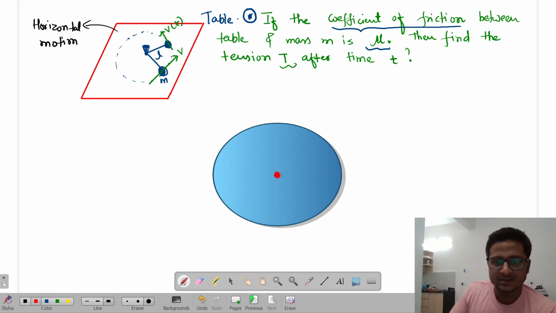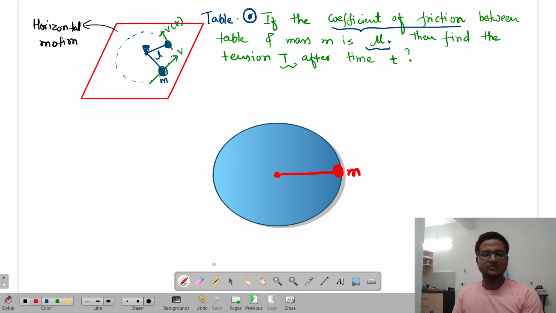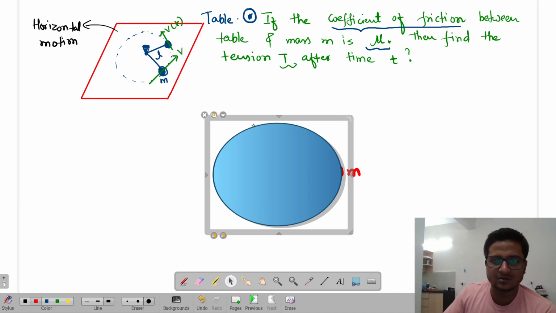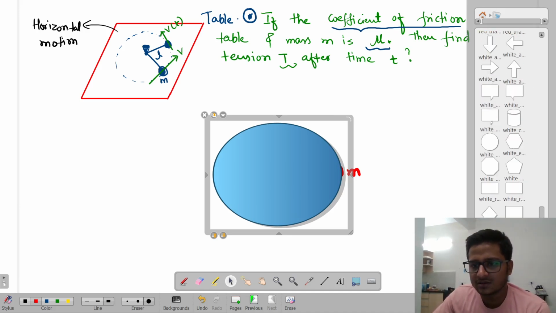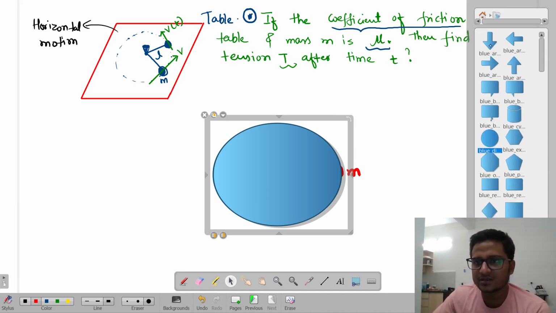And this is my thread with which I have attached my mass m. Can I just change it into a 3D diagram? I do not know, let me check. Is it possible? I'll show you later.